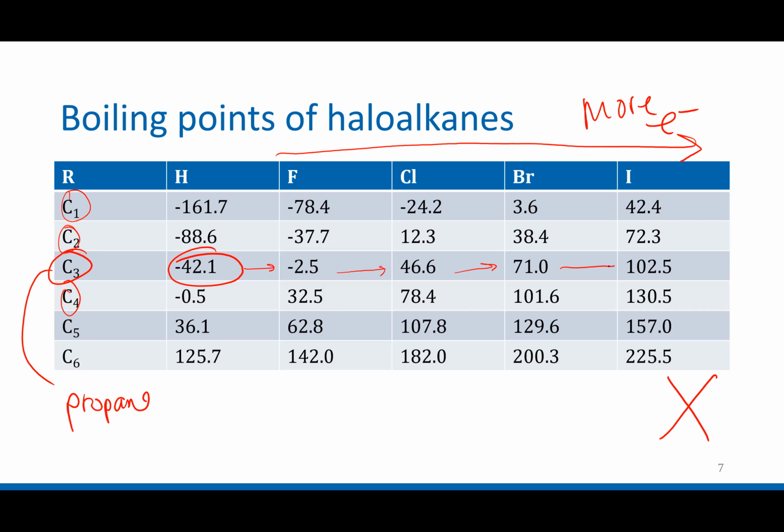Bromine would make it 71, and iodine would make it 102. So again, you don't need to study or memorize this slide, but it does provide us with some good information. The alkane has the lowest boiling point. Then when I add fluorine, it gets a little higher. And as I add larger and larger halogens, and by larger, I mean more electrons, the boiling point gets bigger.